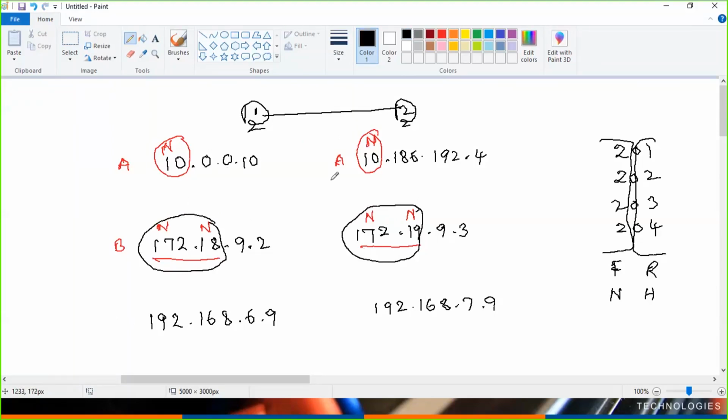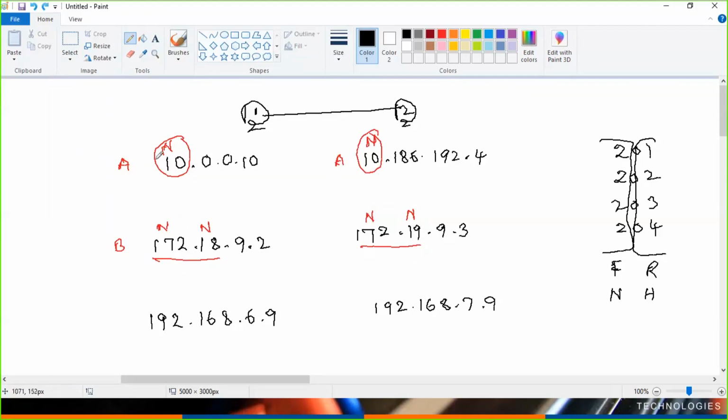These two octets, these two portions should be same. Okay, now they can communicate. Network portion should be same.